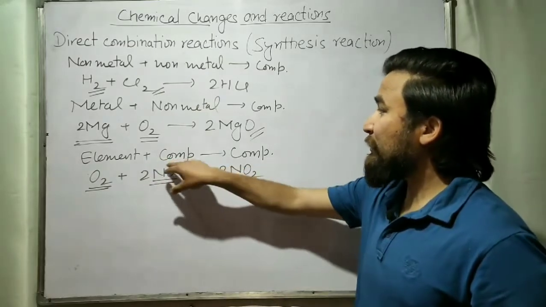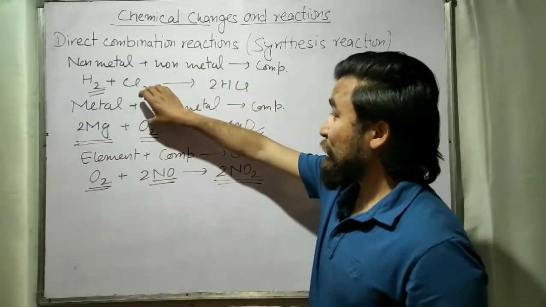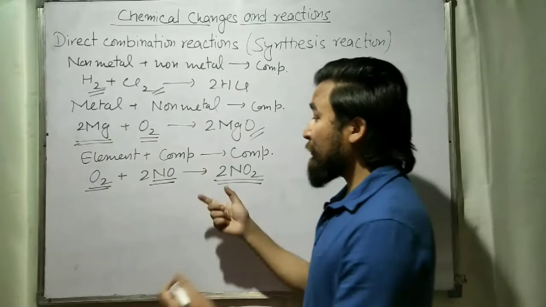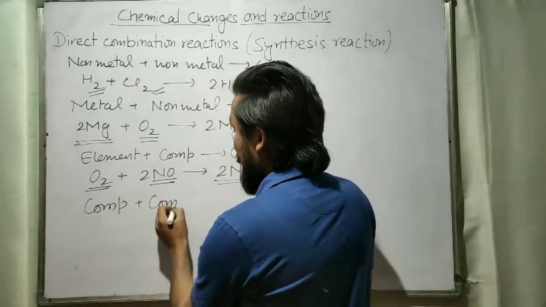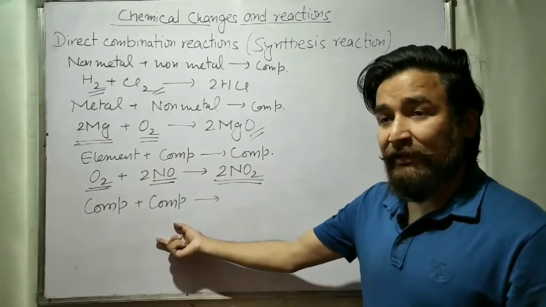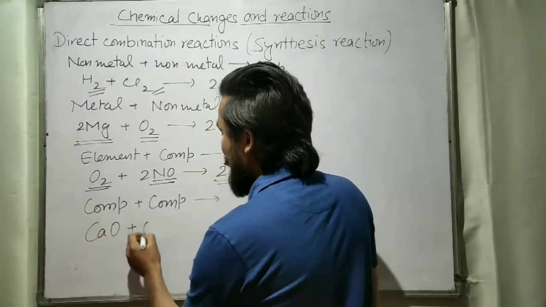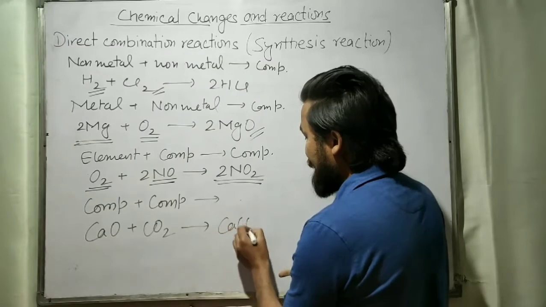So there may be different kinds of reactions: between two non-metals, between one metal and one non-metal, between one compound and one element, or maybe between two compounds. One compound plus another compound is going to form a new compound. Let's see the example of this, like CaO plus CO2, which is going to form CaCO3.